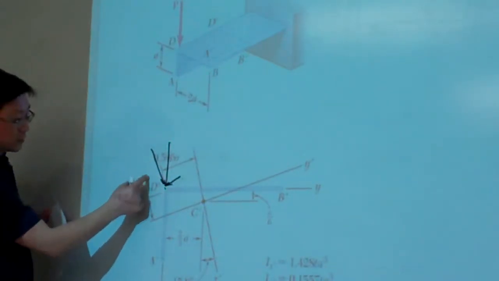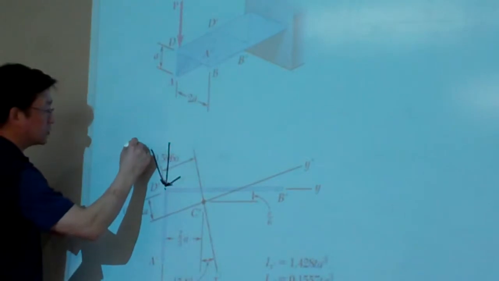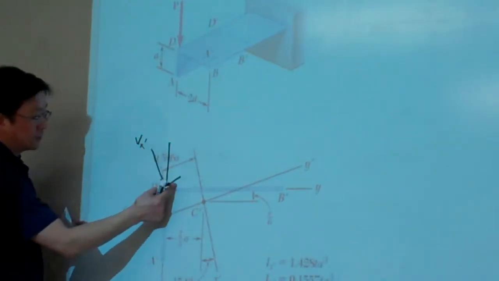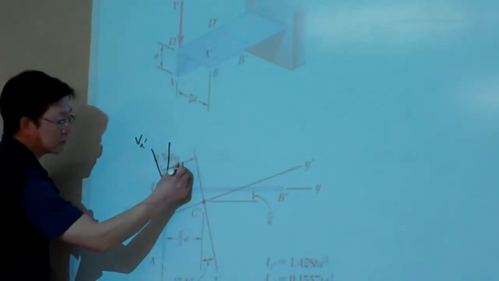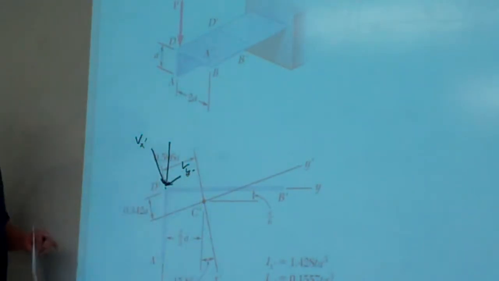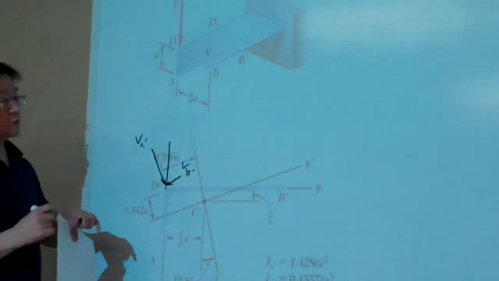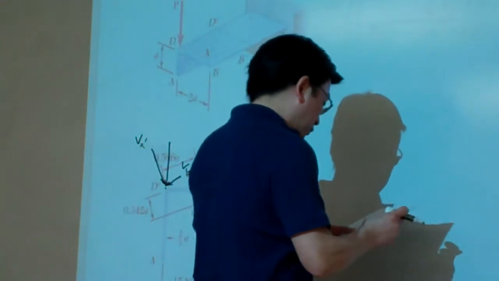Okay, so this one is in the x prime direction, let me call it Vx prime. This one is y prime direction, let me call it Vy prime. Okay, so now for this question, we decompose into two.